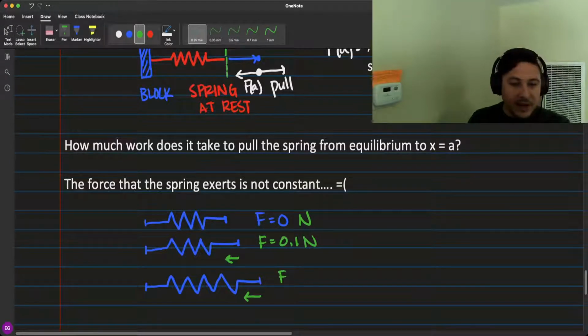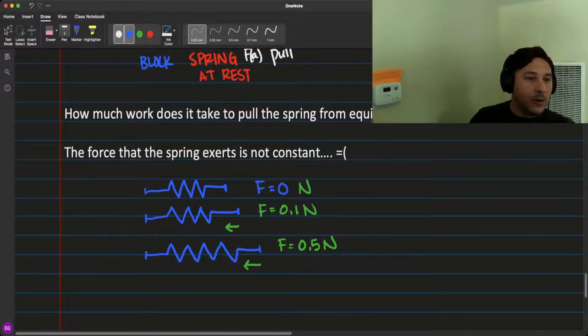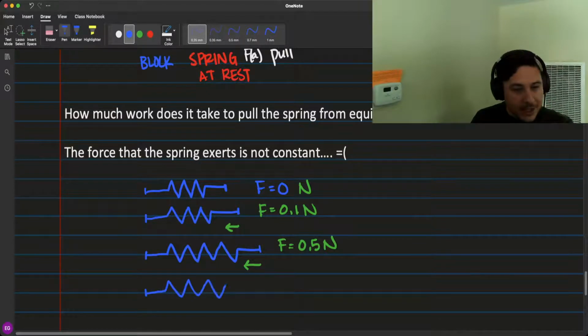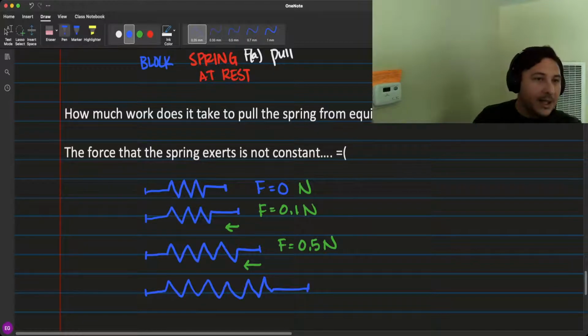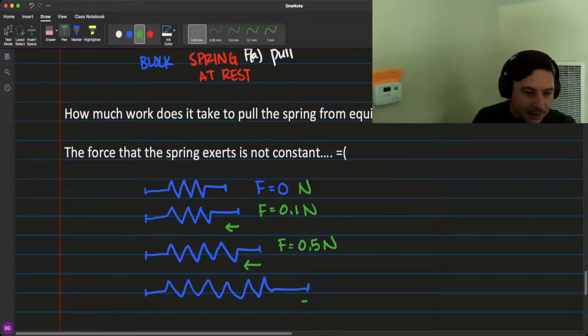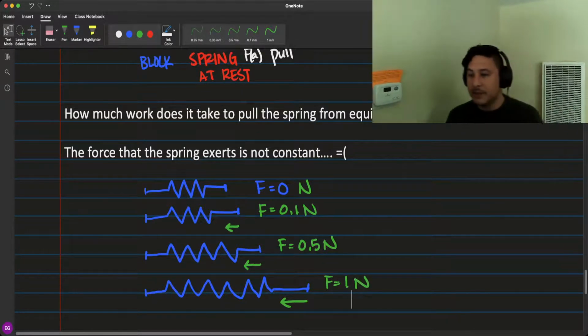So now your force is something bigger, like 0.5 newtons. And you stretch that out even more. You're stretching the spring out more, and the spring gets even angrier, and it pulls back even harder. You can see my arrow's getting bigger now. It's pulling back with like 1 newton of force or something. I don't know.